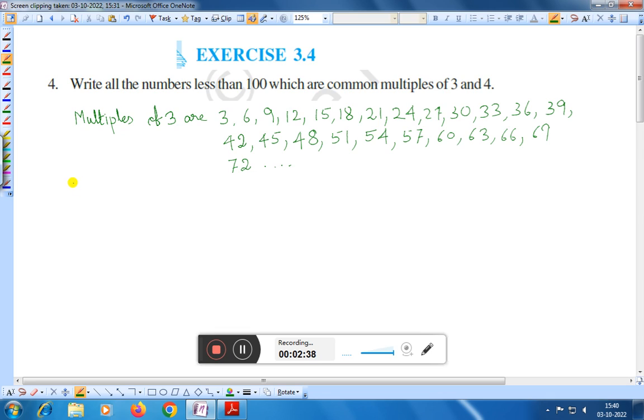Multiples of 4 are 4, 8, 4 threes are 12, 4 fours are 16, 4 fives are 20, 4 sixes are 24.